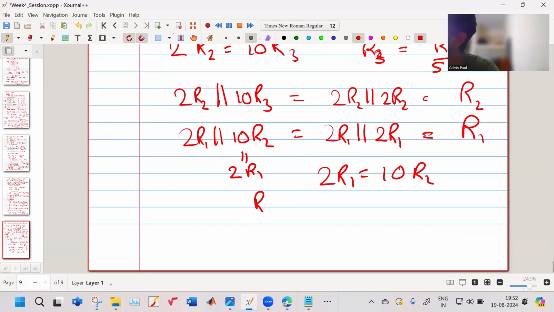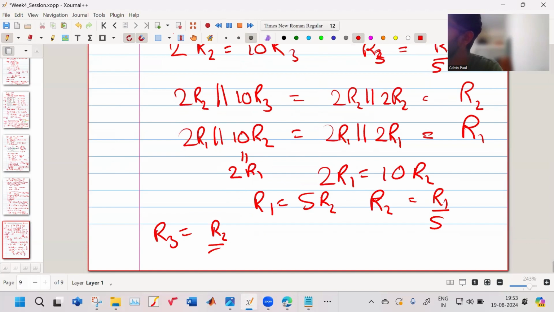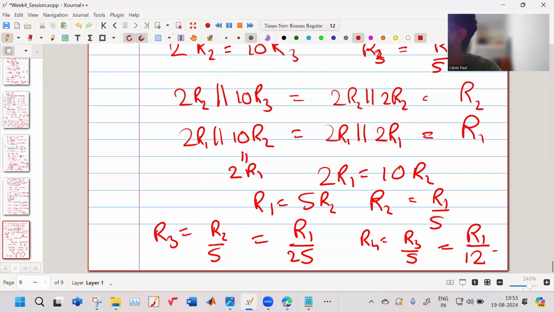So your R1 is equal to 5R2, or your R2 is equal to R1 upon 5. But we know that R3 is equal to R2 upon 5, so this becomes R1 upon 25. I know my R4 is equal to R3 upon 5, so it becomes equal to R1 upon 125.